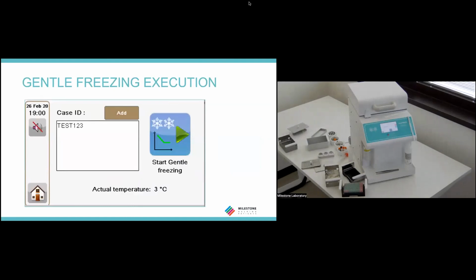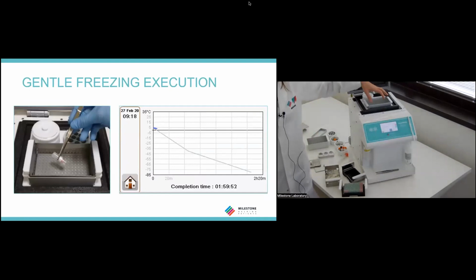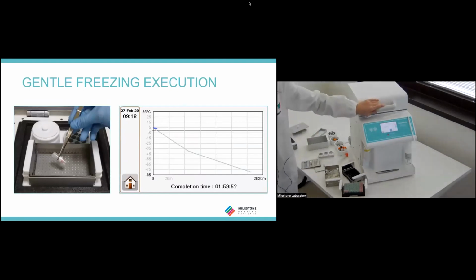When the starting temperature is ready, it is possible to insert the ID code of the sample to link it to the freezing process. This is an important point for the documentation. Now we can insert samples inside the Flash Freeze working area and start the freezing process simply by pressing the starting icon.